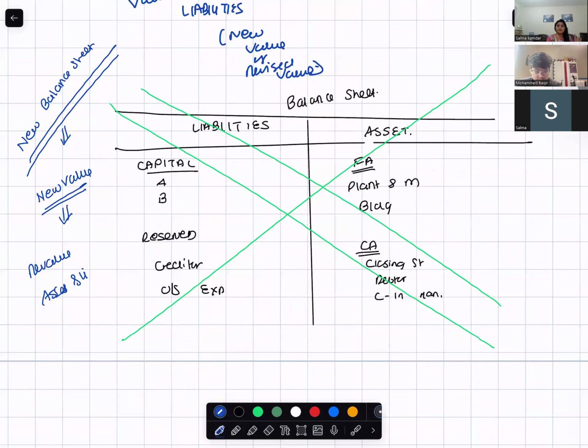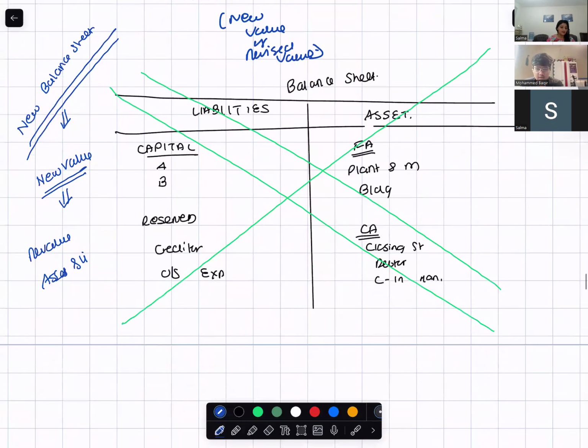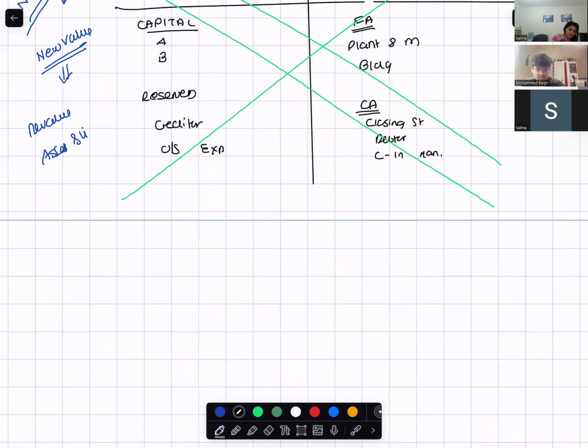So when you're closing your old balance sheet and preparing your new balance sheet, basically what are you doing? You are going to make the new balance sheet at a new value. That means you are going to revalue your assets and liabilities.